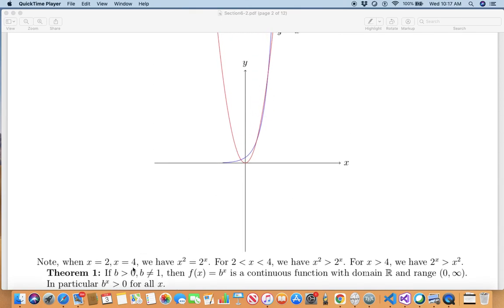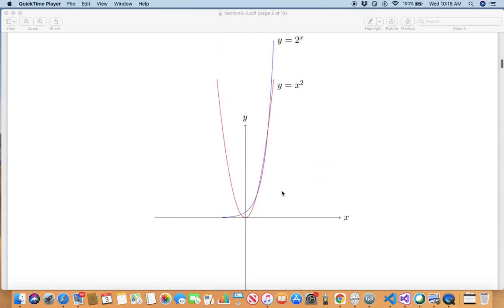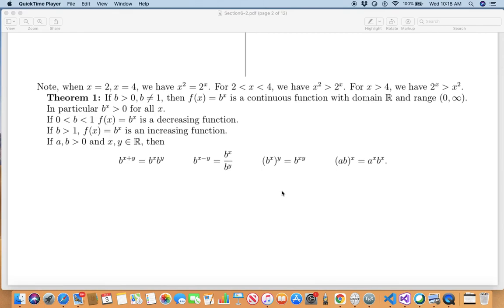When x is 2, x is 4, x squared is 2 power x. You can check. Between 2 and 4, x squared, the parabola, is higher than 2 power x. But beyond 4, exponential takes off. So beyond a certain number, exponential is going to be higher than any polynomial, in fact.